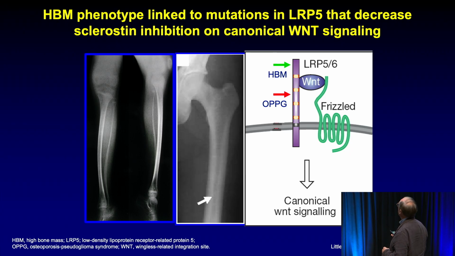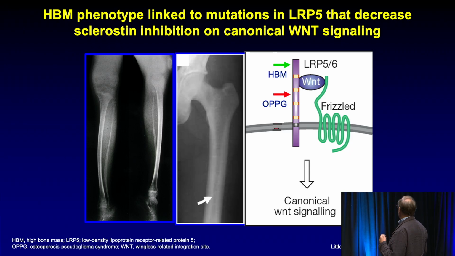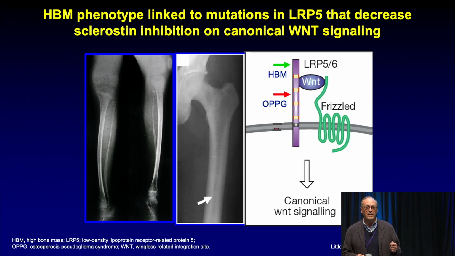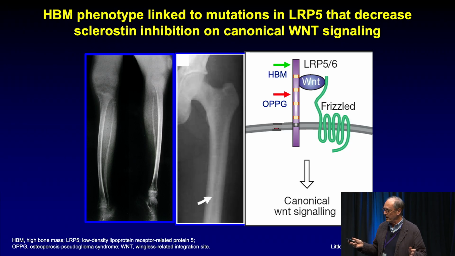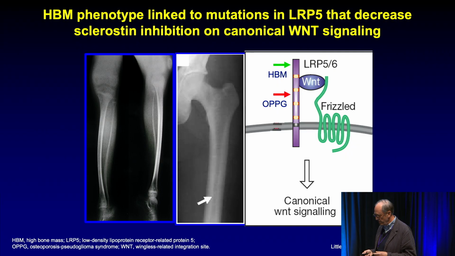One working here on osteoporosis pseudoglioma syndrome, an early onset osteoporotic phenotype, and a group that had identified a family, completely normal family, but on X-rays they showed very high bone density. And both groups were pursuing genetically to try to understand what genes were altered in this situation.